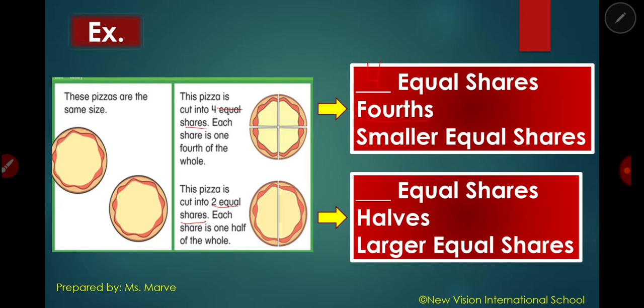You can read it as fourths, and it has smaller equal shares. And the second one, we have 2 equal shares. We can read it as halves, and you can decide by looking at it that it has larger equal shares than the other. Okay, so the halves has the larger equal shares, and the pizza that is divided into 4 equal shares has smaller equal shares.